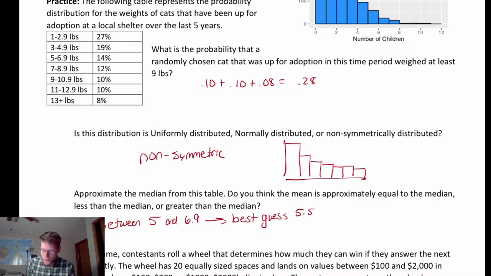Now, the second part of this question, do you think the mean is approximately equal to the median, less than the median, or greater than the median? And this goes back to chapter 1 where we talked about the mean being more responsive to more extreme values, whereas the median is going to find the 50th percentile.